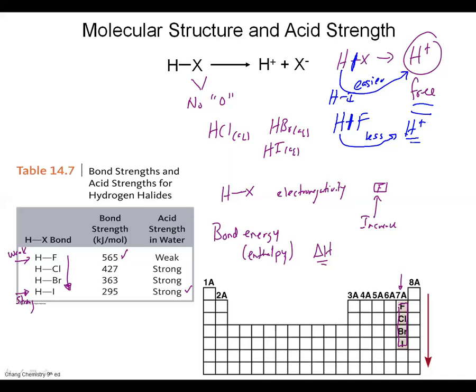So in terms of acid strength, it actually increases as you go down group 7 for this type of acid. Again, hydroiodic acid would be the stronger acid. Any questions on that?